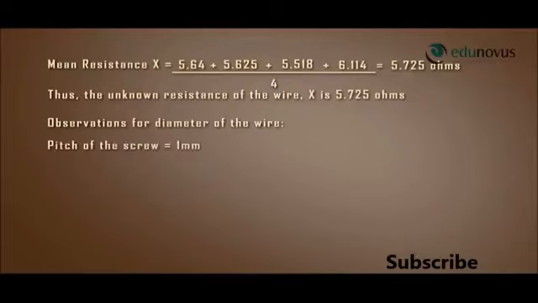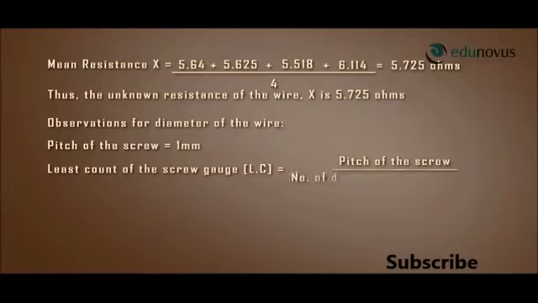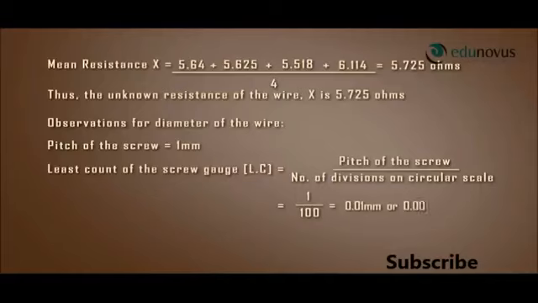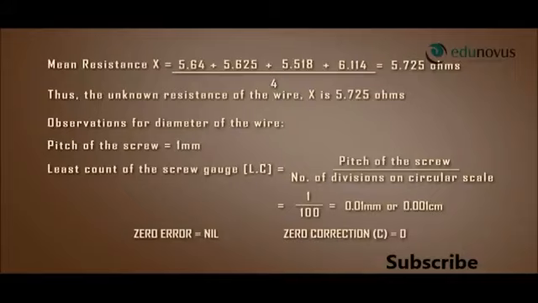Observations for diameter of the wire. Pitch of the screw is equal to 1 mm. Least count of the screw gauge LC is equal to pitch of the screw divided by number of divisions on the circular scale, which is 1 by 100. That is equal to 0.01 mm or 0.001 cm. Zero error is equal to nil. Zero correction C is equal to 0.